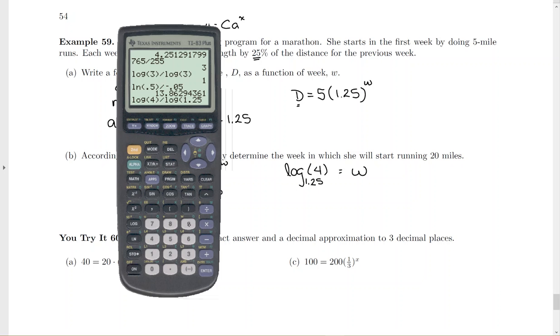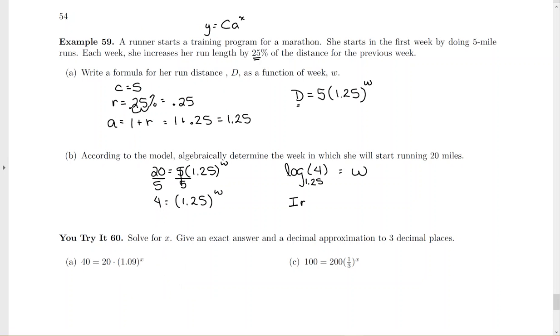You could also use the natural log button, top and bottom, doesn't matter. So it looks like we're in week 6. So even if it had been like 6.9, we'd still call it week 6. So in week 6, she runs 20 miles.